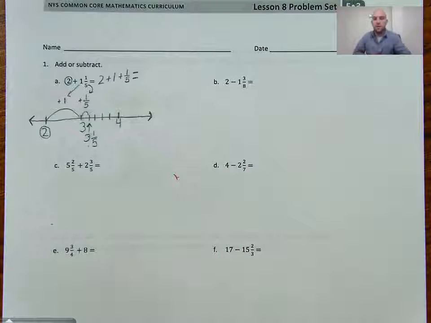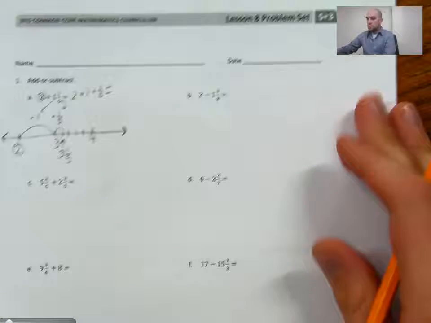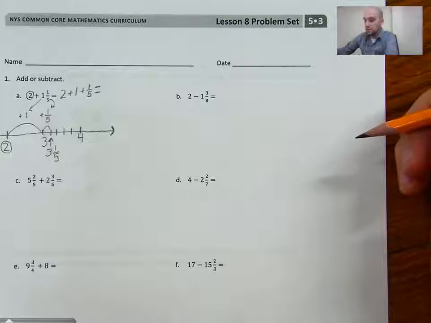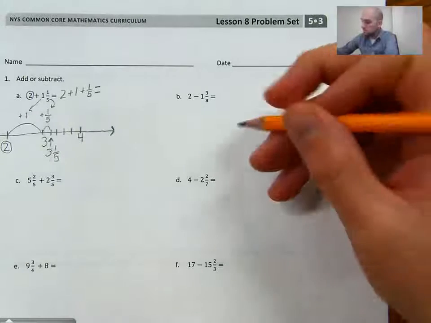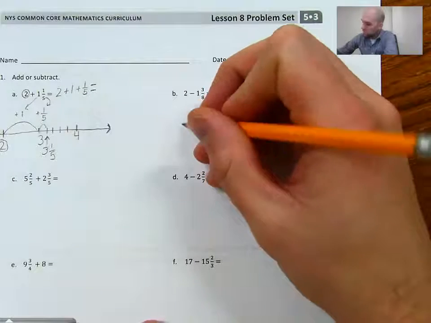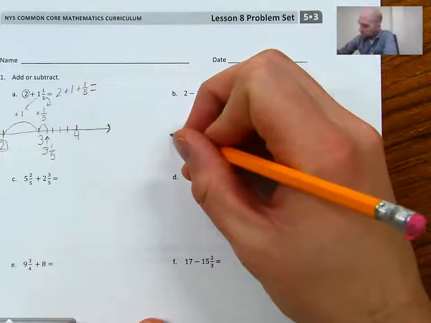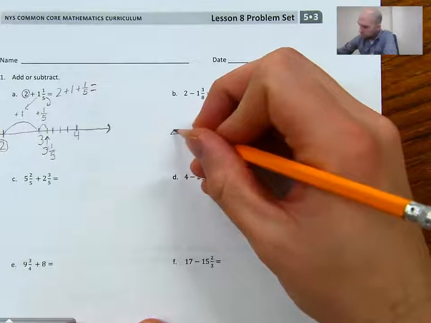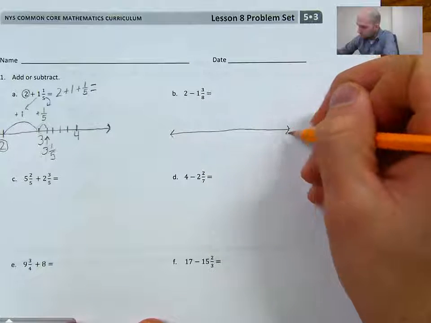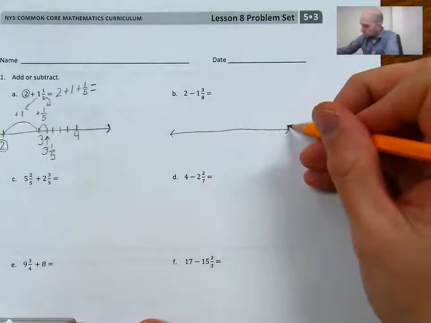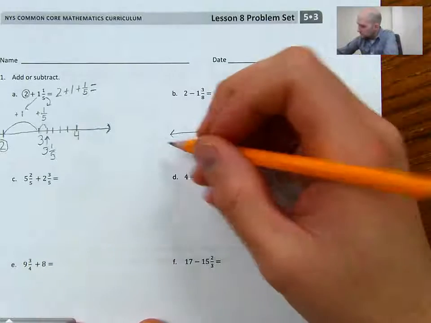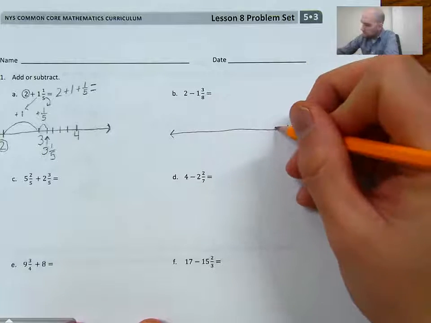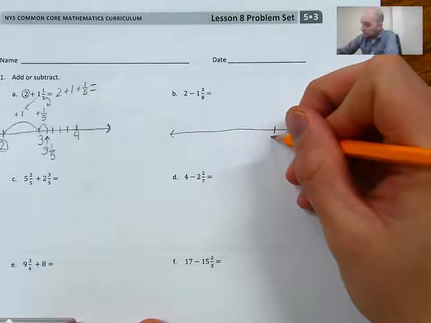So let's try letter B here together. This one's 2 minus 1 3/8. So let's do our number line down here. This time I'm going to start with 2 on the right side of my number line because I'm subtracting.